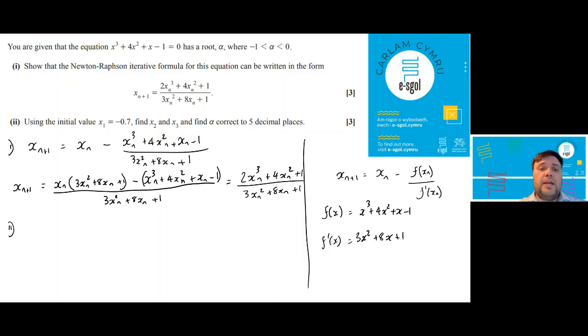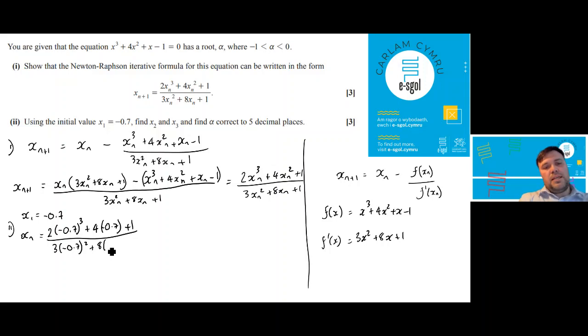Now, it sounds really complicated, but if you use your calculator as best you possibly can, we know that x_1 is equal to minus 0.7. Because we've got this here, x_2 is equal to 2 times minus 0.7 cubed plus 4 times minus 0.7 plus 1, all over 3 times minus 0.7 squared plus 8 times minus 0.7 plus 1.